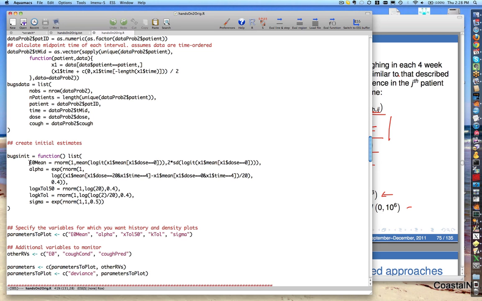So for example, for E0 mean, I'm going to randomly generate values here so that I have different starting points for each one of my chains. But for my mean, in this case, I used the observed fraction of patients that have a cough in the dose equals 0 group to come up with that.